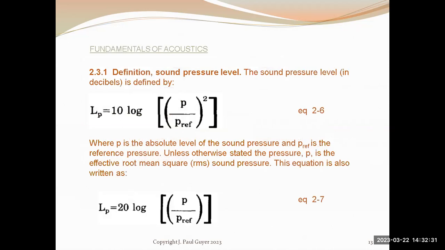The sound pressure level in decibels, we saw this equation earlier. It's 10 times the log of P over P reference squared, that being the sound pressure barely perceivable by a young healthy human ear, and equation 2-6 can also be written as equation 2-7.